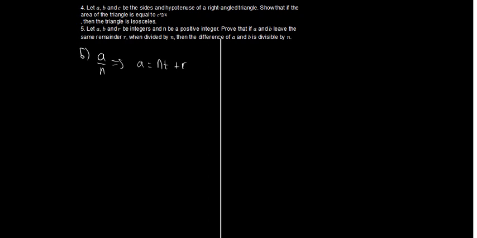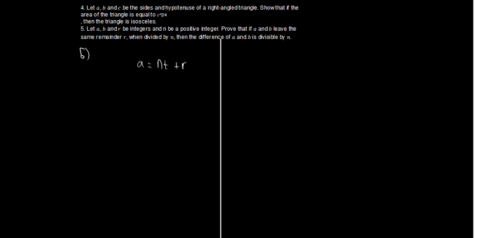That means n goes into a t times, plus a remainder r. This is the basic form you should remember whenever you hear that a number divides another and leaves a remainder.